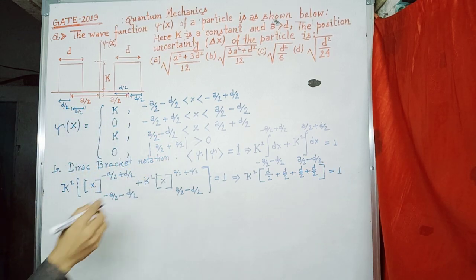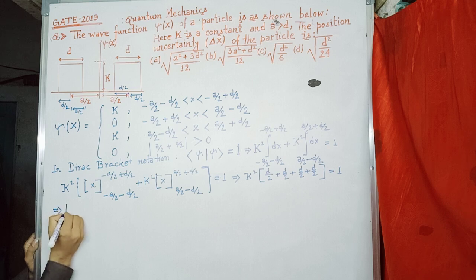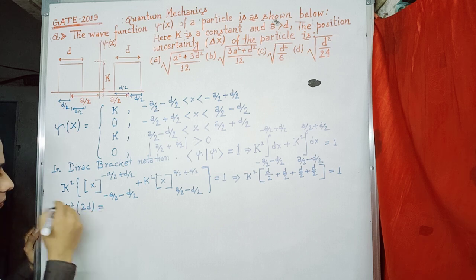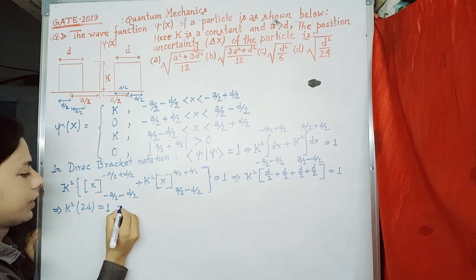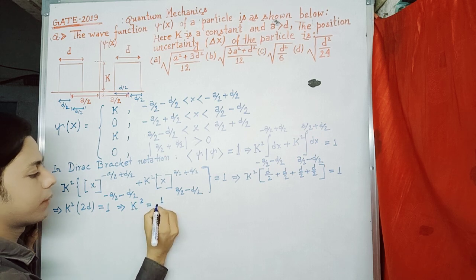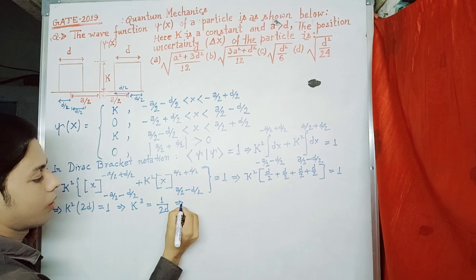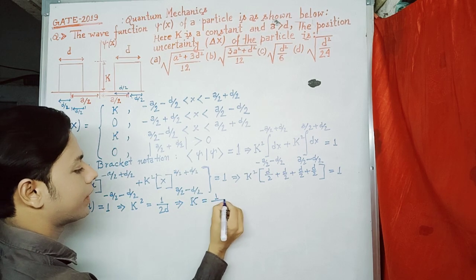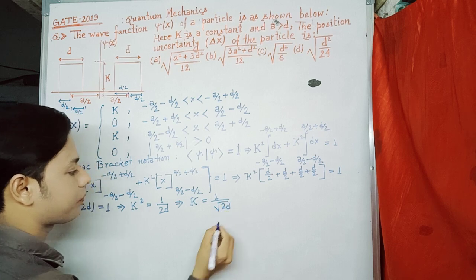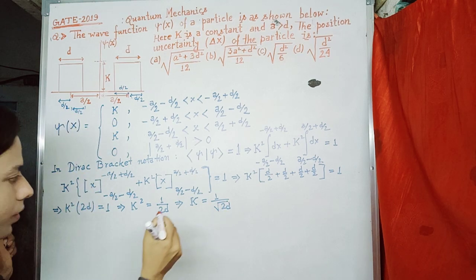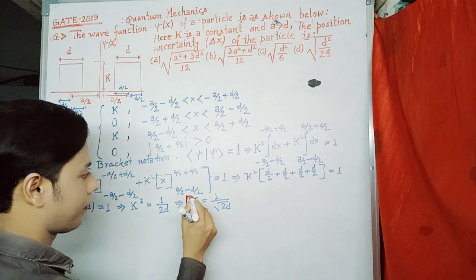So k square into 2d is equal to 1. Therefore k square equals 1 divided by 2d, or the value of k is 1 divided by under root 2d. This is the value for k.